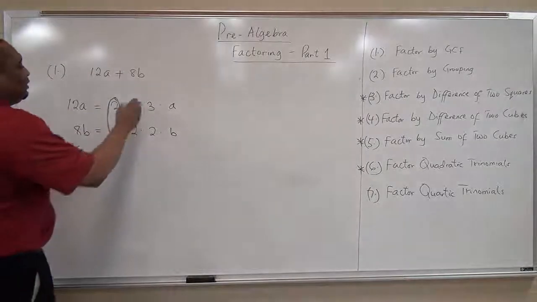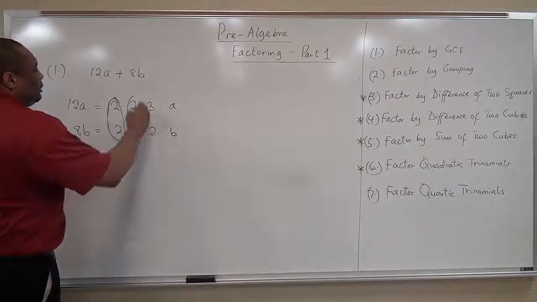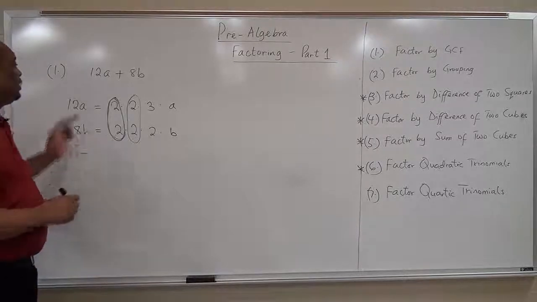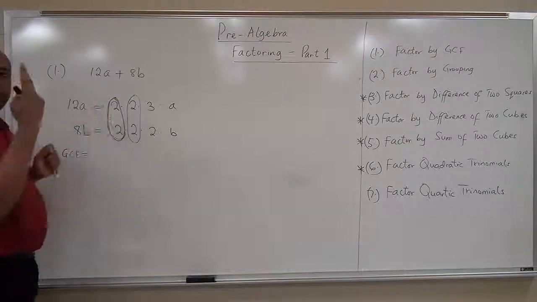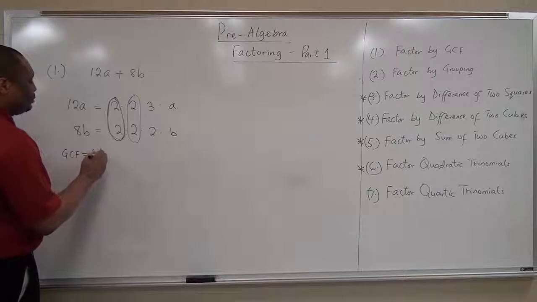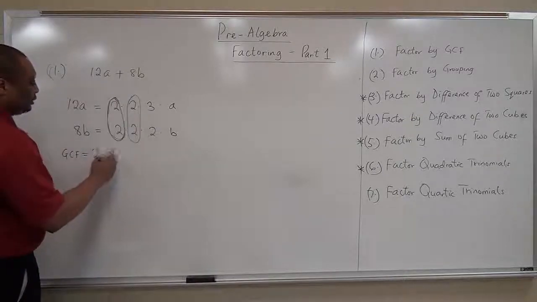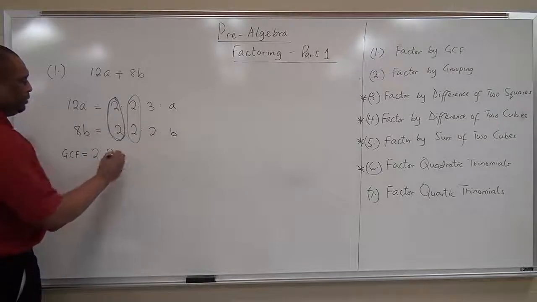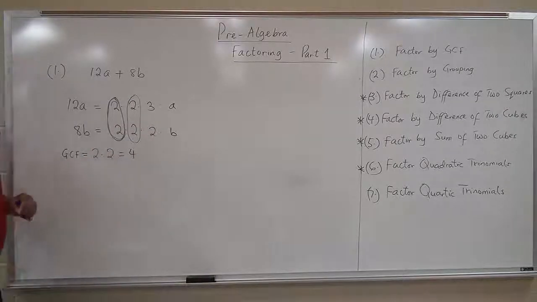So this is common. 2 and 2 is common again. That is all we have. If it's common on both of them, call it one time. 2 times 2. The A and B are not common anymore. So the GCF is 4.